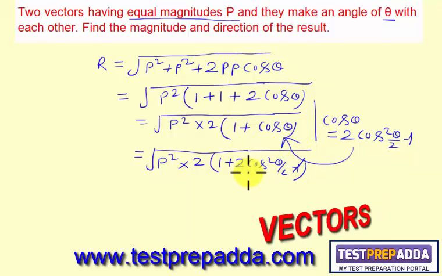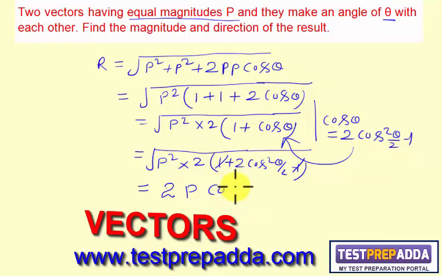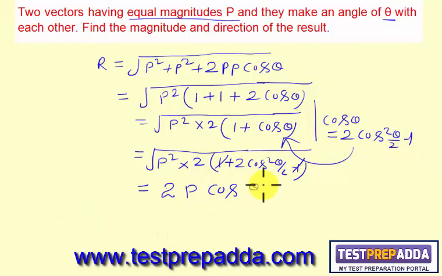This 1 will get cancelled here and it becomes 2 into 2, 4, so it will be 2 P cos theta by 2. So this is the resultant.